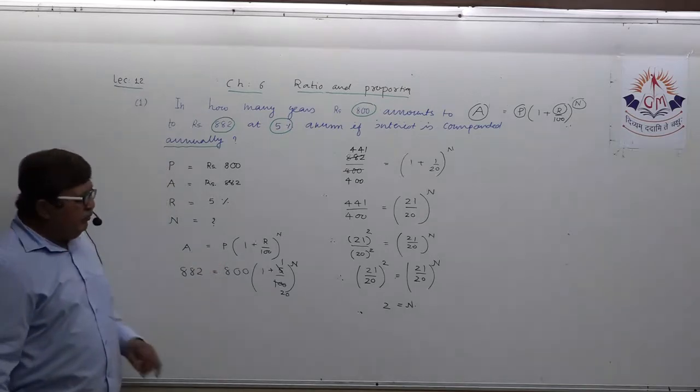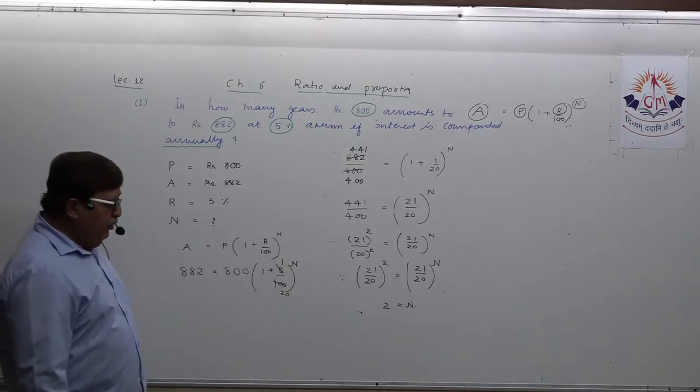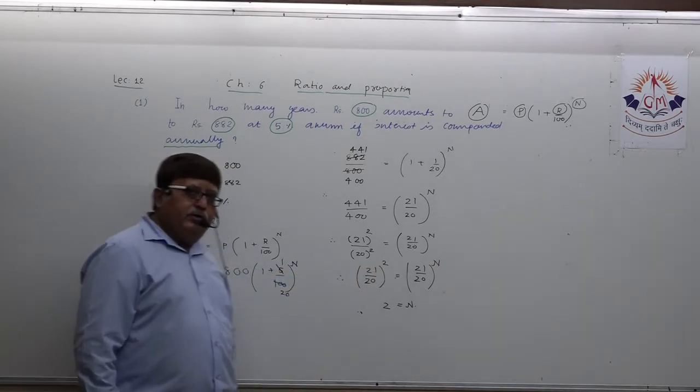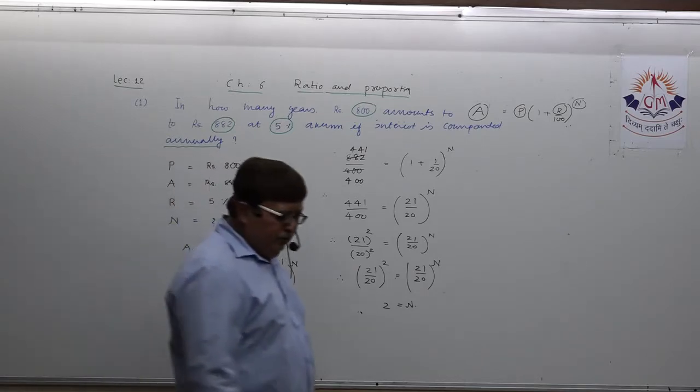So here in this case also, whenever you want to find the number of years, you have to be very sure about this way you can express the sum. Understood?